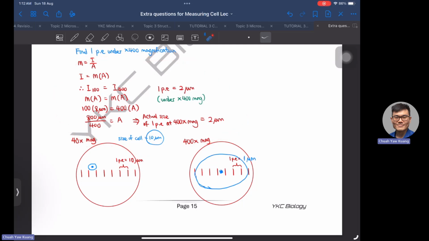So whatever questions related to change of diameter of the FOV or change of the size of one pitch on the eyepiece reticule due to changes of magnification, we can always use this way.